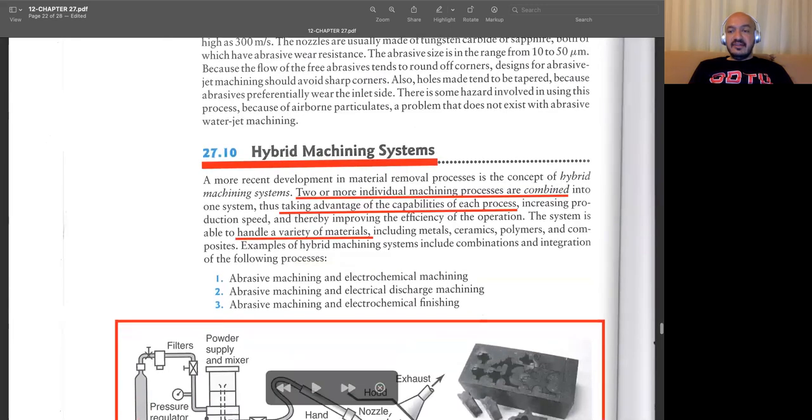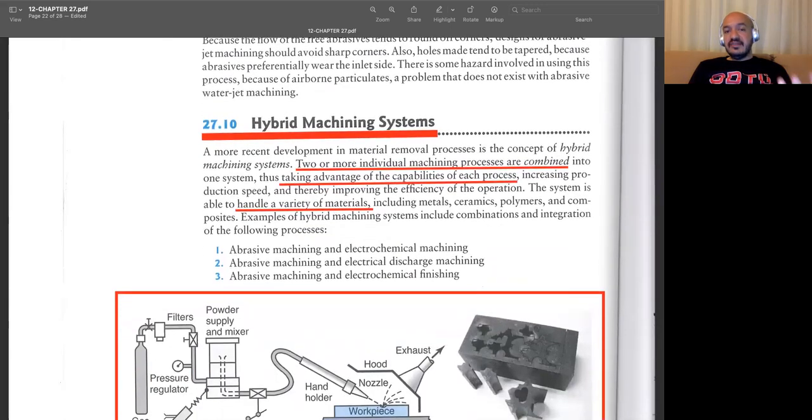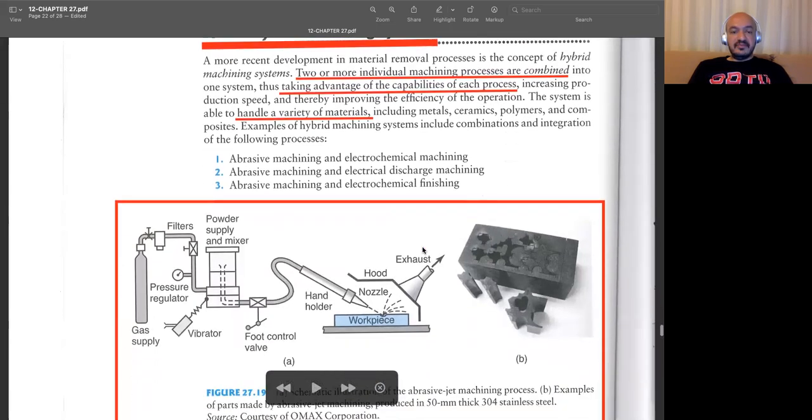And lastly, we can say that if any of these advanced machining processes are not enough, then you may think about joining these processes in the same setup so that the advantages will be combined into a single setup, and we can take advantage of all these capabilities and try to produce much more complicated parts.